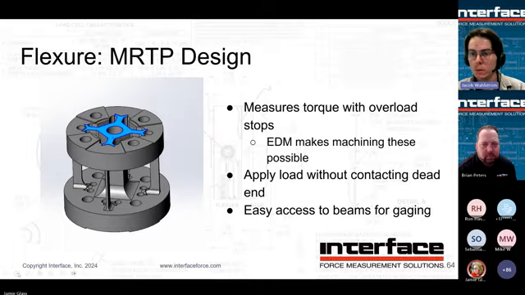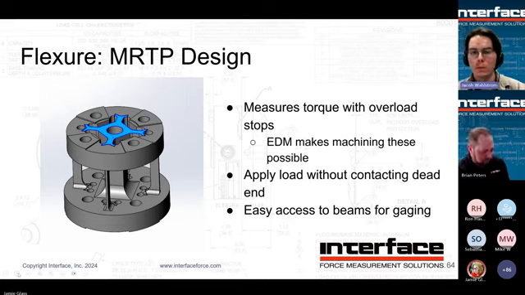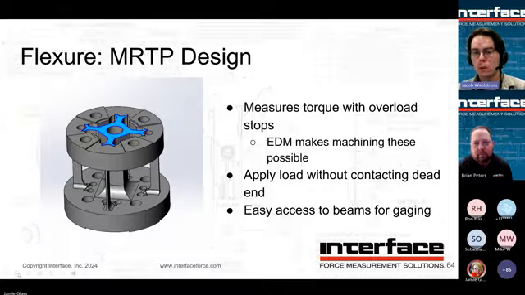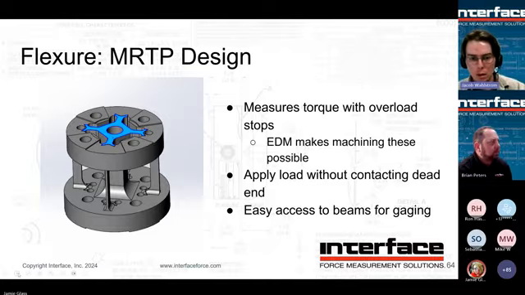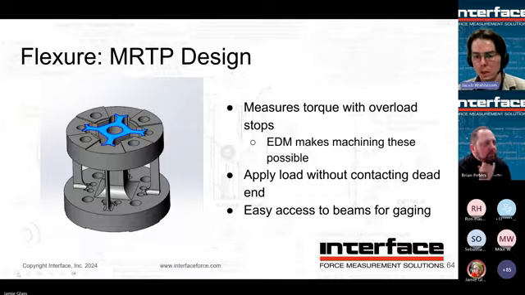So this is really important for low capacity load cells because they're very easy to overload, right? Even handling it or installing it, torquing down some bolts to apply the load, you could very easily overload it. So this is a really, really good design, and you can see the raised surfaces there too.